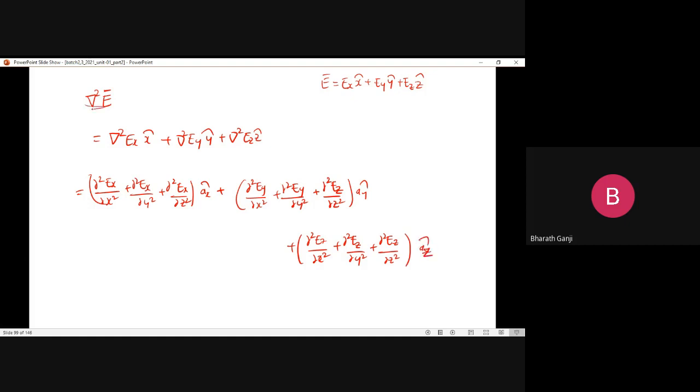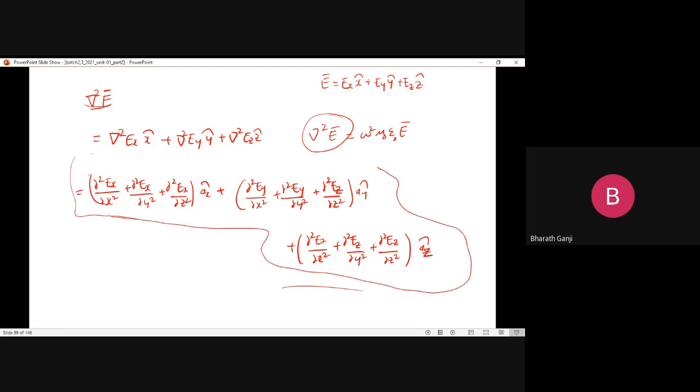If you expand this operator, this is what you have to write. And this is what we do when we solve Maxwell equations. When you solve Maxwell equations, you get something called the Helmholtz equation, which looks like this: omega square mu epsilon times E bar. And there, del square of E is this expansion. You know how painful it would be to write such a long expression in your notes every time, so we represent it in a shortcut like this.